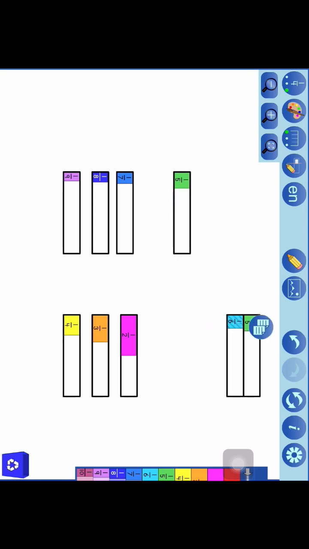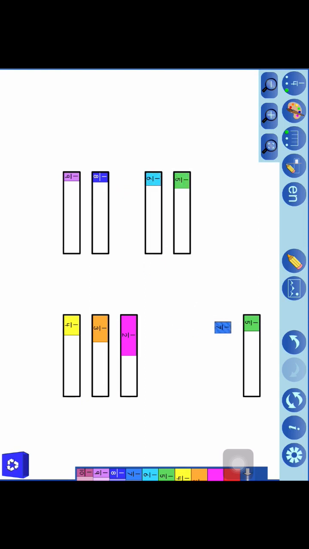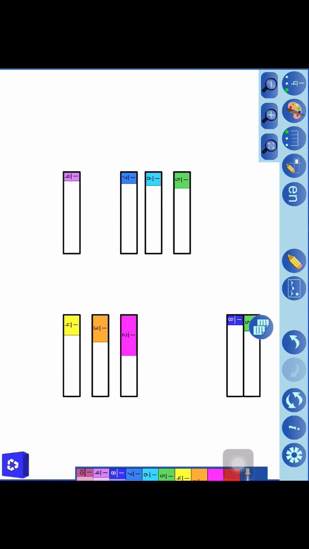You can see that the light blue area is smaller than the green area, so 1 over 6 is smaller than 1 over 5. Next, the blue area is smaller than the green area, so 1 over 7 is smaller than 1 over 5. Next, 1 over 8. The indigo area is smaller than the green area, so 1 over 8 is smaller than 1 over 5.